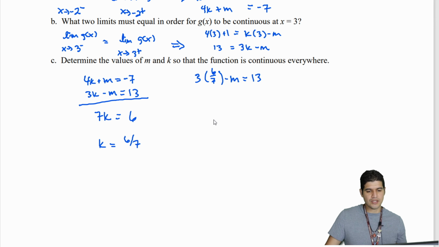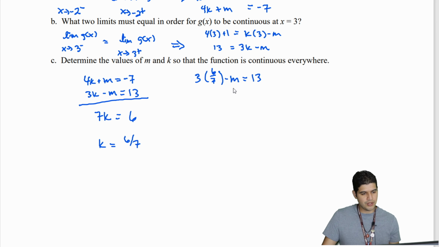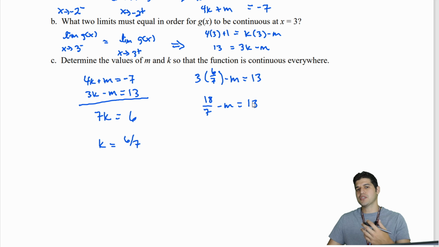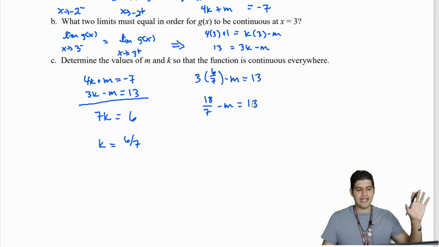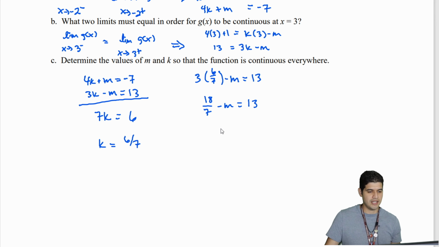Okay, so let's solve for this here. 3 times 6, that's 18 over 7 minus m equals 13. And I like to turn my variable to be positive. So I'm going to move that minus m to the right side, and I'm going to subtract 13 from the left side. So 18 over 7 minus 13 equals positive m.